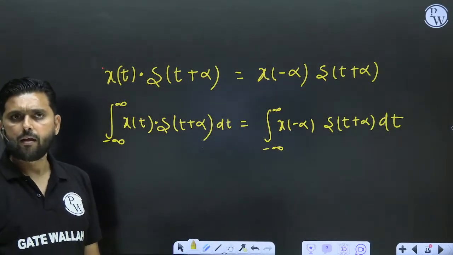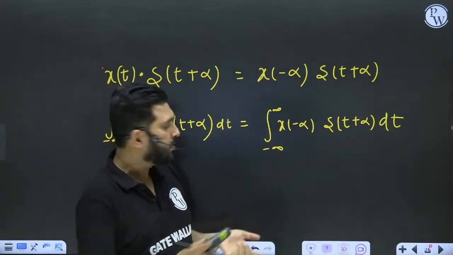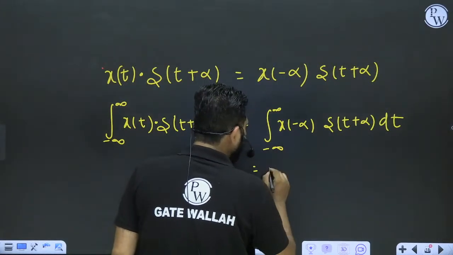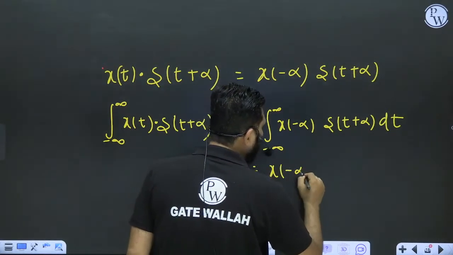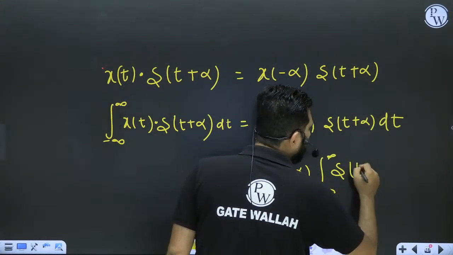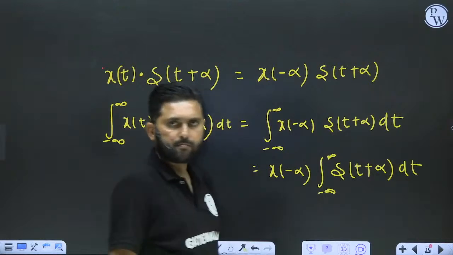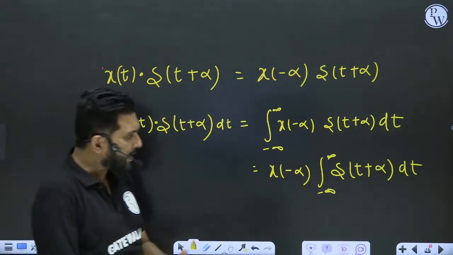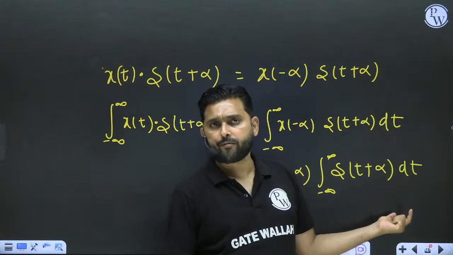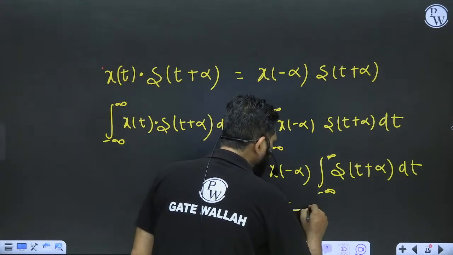Since x of minus alpha is a constant, a number, it is equal to x of minus alpha times the integral from minus infinity to infinity of delta t plus alpha dt. And we know that the area under the shifted impulse function is 1, which we have just derived. So this is equal to x of minus alpha.